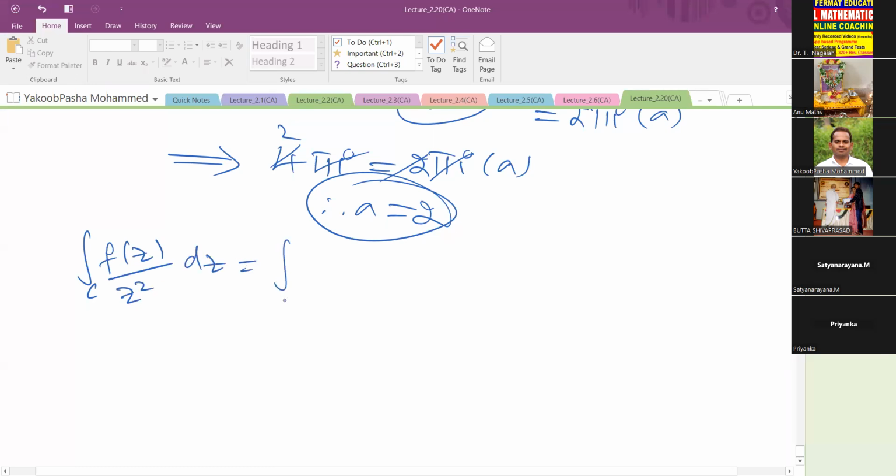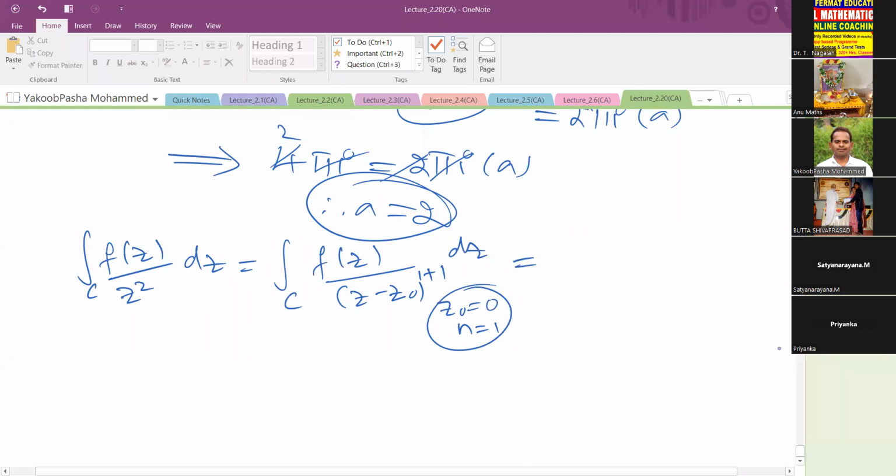That can be written as integral over C of f of Z divided by Z minus Z naught whole to the power of 1 plus 1. Here Z naught is equal to 0, n is equal to 1.